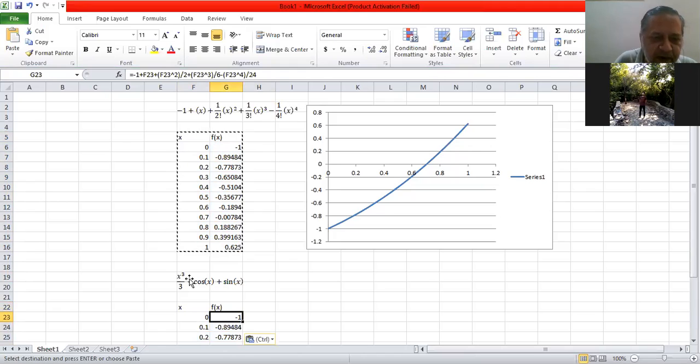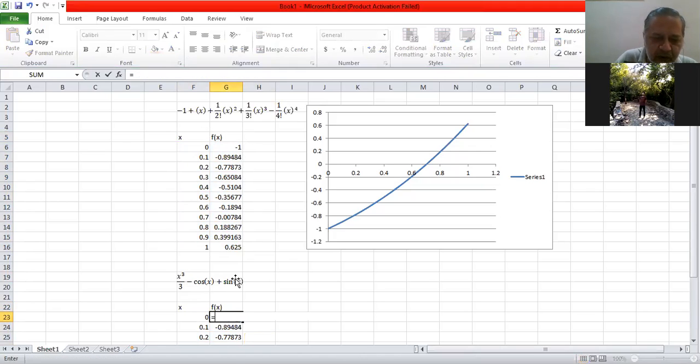Now the function is x cube upon 3. So I write it as x cube, with x coming from cell F23, F23 raised to power 3 divided by 3.